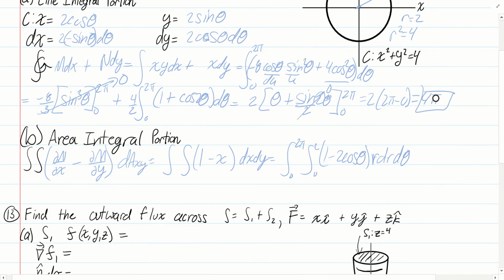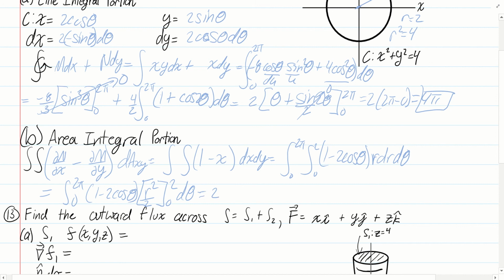We're going to integrate r, so it's going to become 1 minus 2 cosine theta, times r squared over 2 from 0 to 2, d theta. So it's going to become 4 minus 0 over 2, so it's just going to become 2 overall.